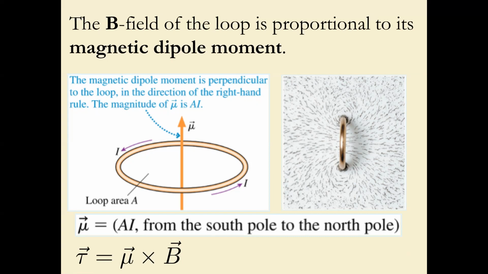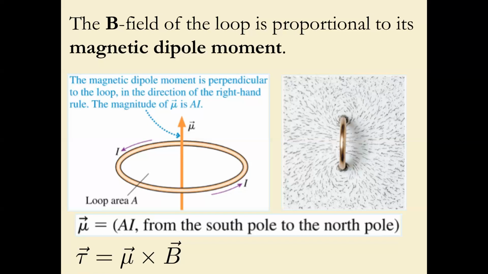The same amount of charge but different sign, plus Q and negative Q, makes a dipole. So the electric dipole moment was equal to Q times the distance between them.